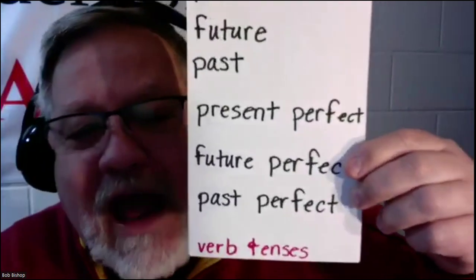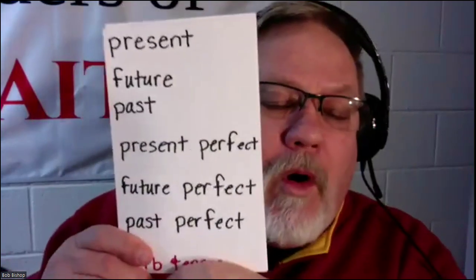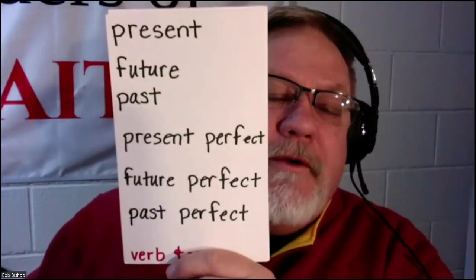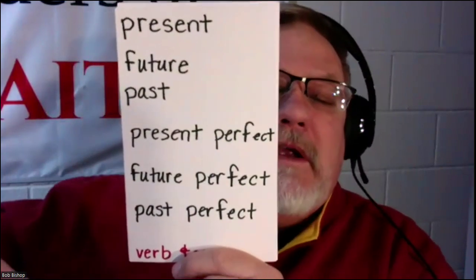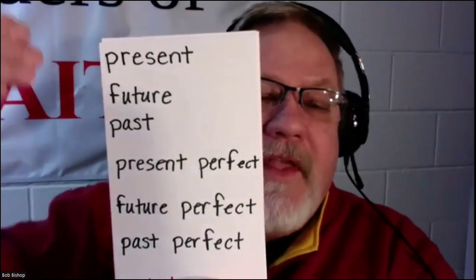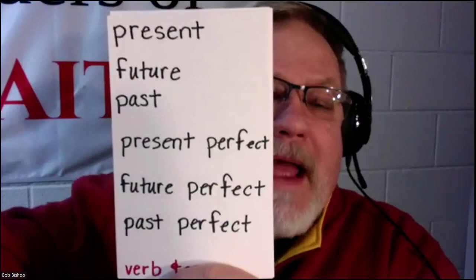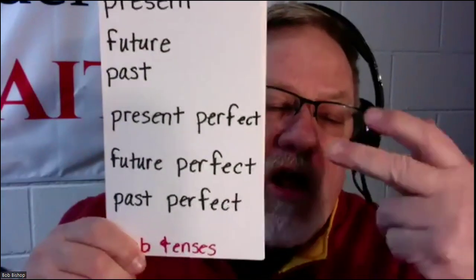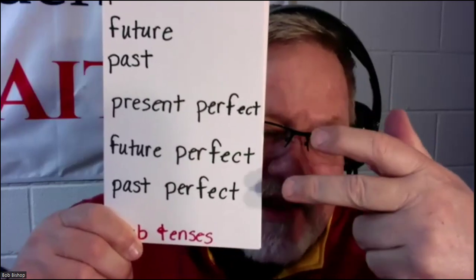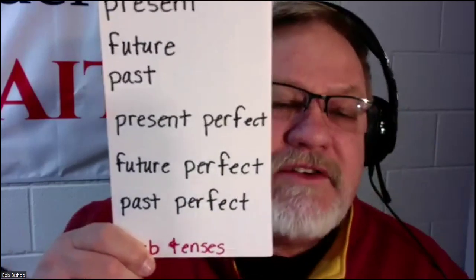We have not really gone through these. We will go through these more when we start creating sentences and sentence structure, and we'll talk about how the words being used are present tense, future tense, past tense, present perfect tense, future perfect tense, and past perfect tense.